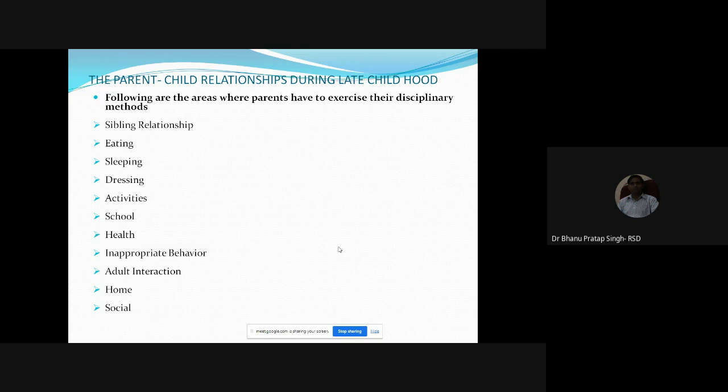Therefore, parents must watch and stop their inappropriate behavior. The parents must watch adult interaction, to whom they are interacting and the way they are interacting.